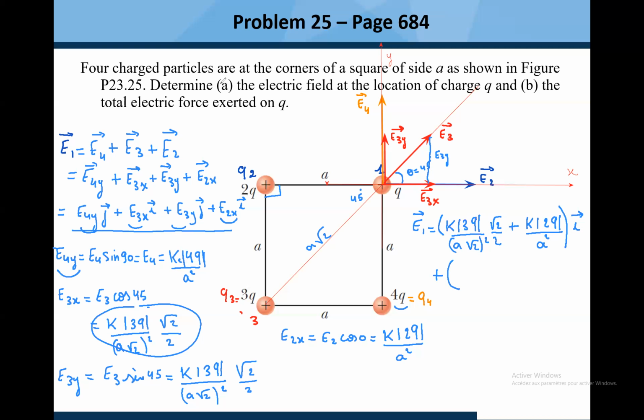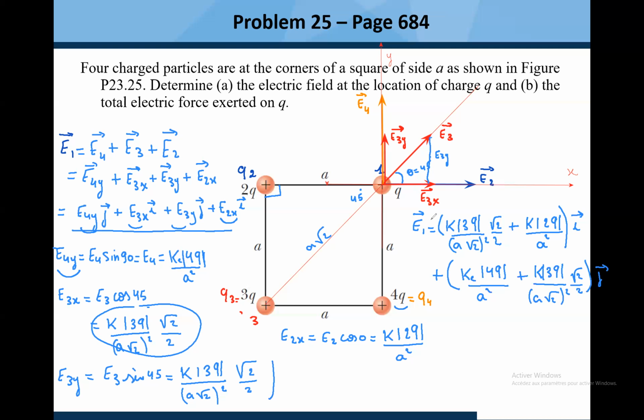E4y equal K 4Q over A square, plus E3y, it's here, equal K 3Q over A radical 2 square radical 2 over 2 in the direction of j.